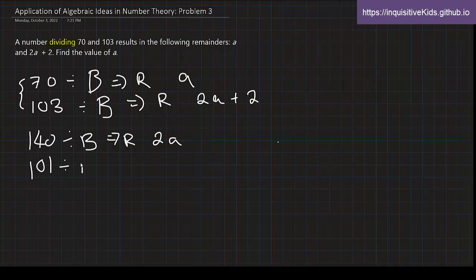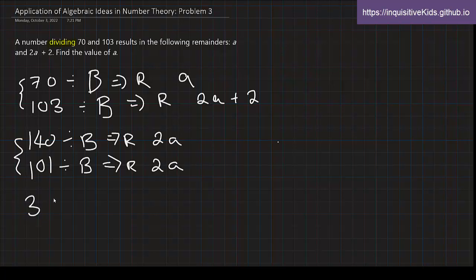That divided by b has a remainder of 2a. Now, as you can see, we have 2a and 2a. Since they are the same remainder, we can easily subtract. We subtract 101 from 140, and that gives us 39.